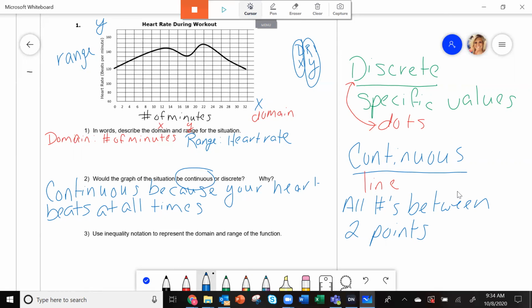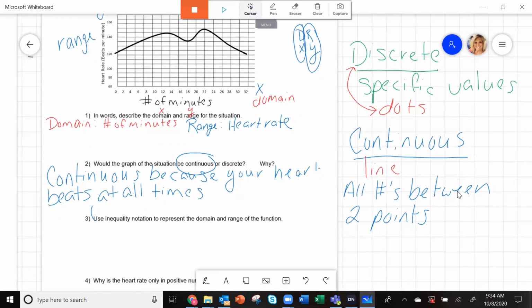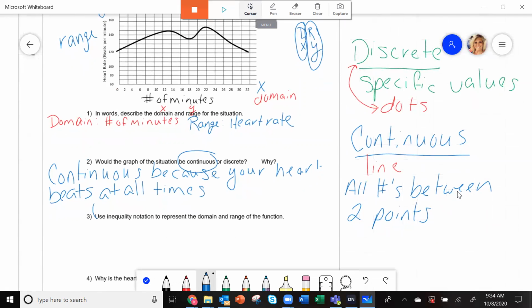Now, here's the biggest thing. It wants us to write in inequality notation, what is my domain and my range? Well, this is where you're going to have to identify these on tests. Remember, where we see domain, please put an X on your paper. Where you see range, put a Y. Domain is from left to right. So I normally go with a highlighter. You're going to want to highlight or box in with your pencil from left to right of the function. Not of what your graph is, but where your function is.